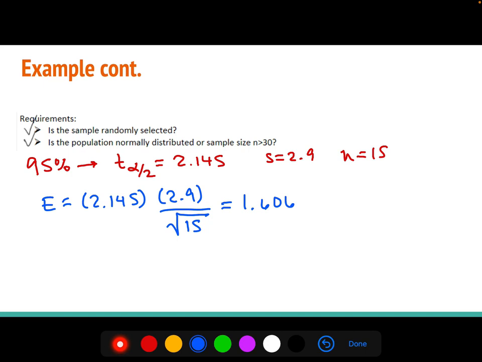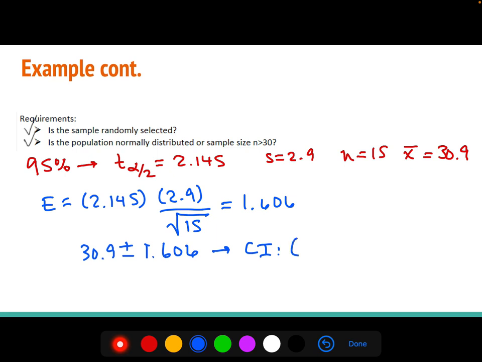Now, according to our problem, our x bar was given to us as 30.9. They did all that out of those listed data for us. That was nice of them. So what we're going to do to get the confidence interval is we're going to take 30.9 plus and minus 1.606.